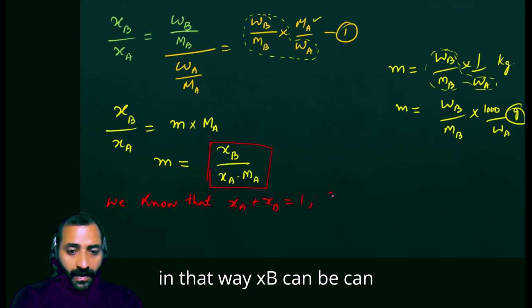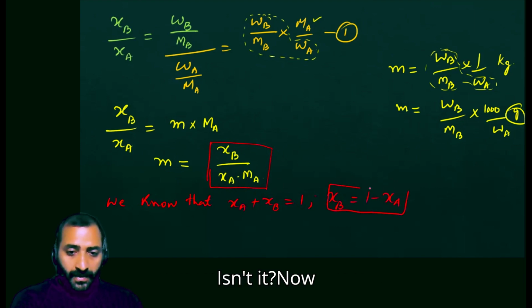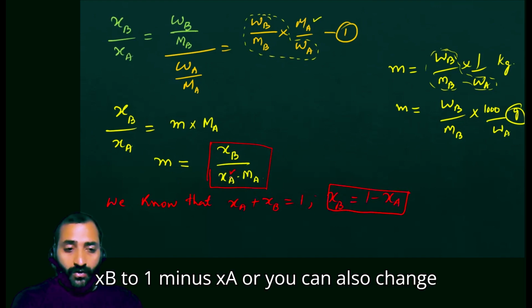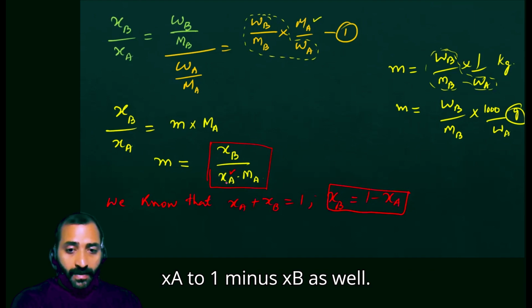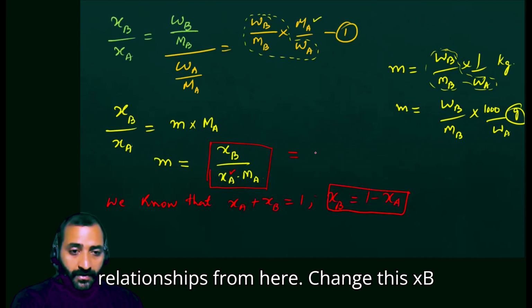In that way, xb can have value like 1 minus xa, isn't it? Now, change xb to 1 minus xa, or you can also change xa to 1 minus xb as well. So we can have two different relationships from here.